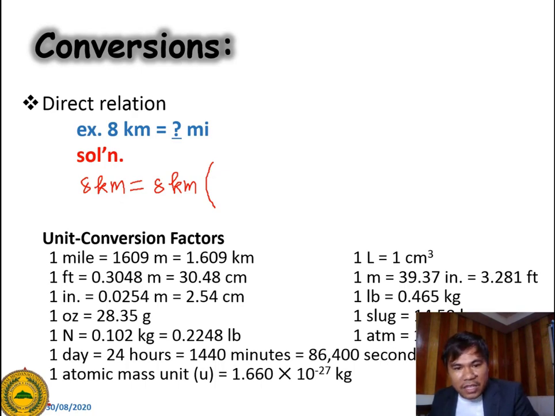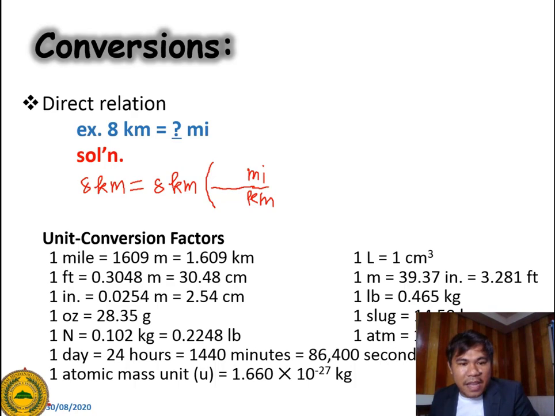I have to write the conversion factor here, noting that the kilometer is on the numerator, so I have to write kilometers at the denominator. The purpose of this is that we need to cancel out kilometers in the numerator. So kilometers in the denominator, and then I have miles at the numerator.